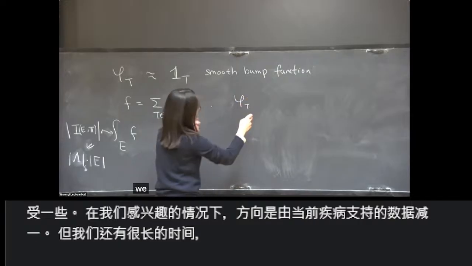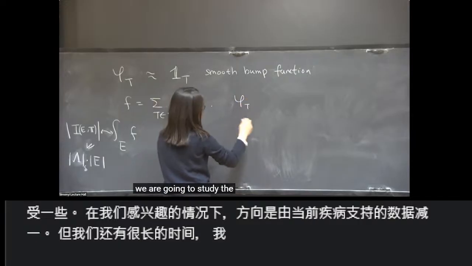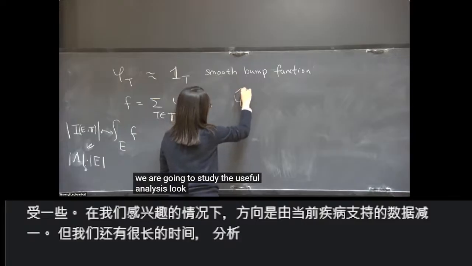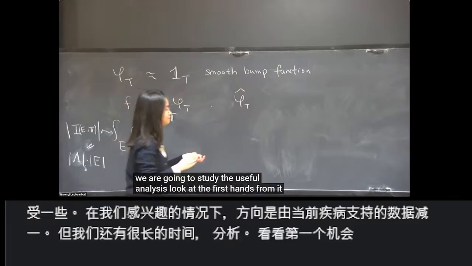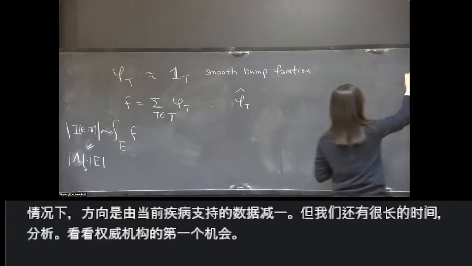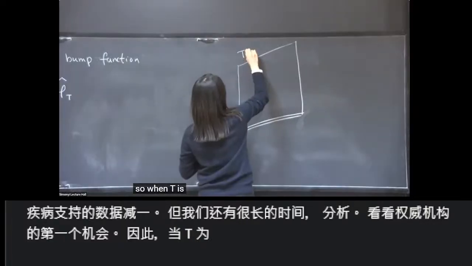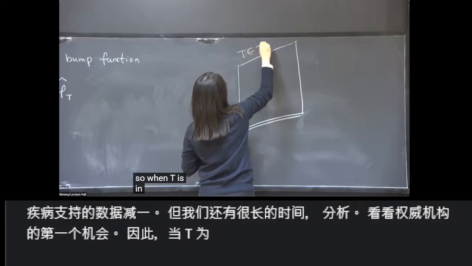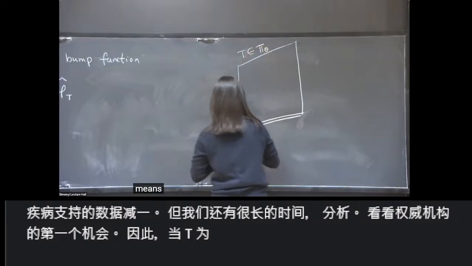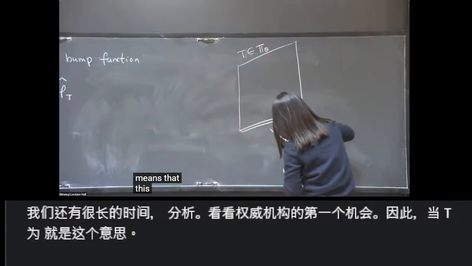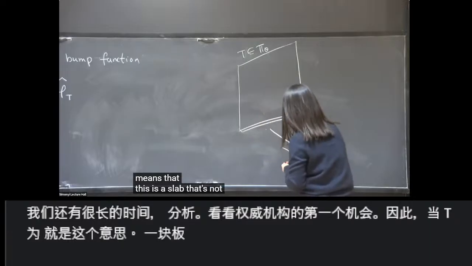So I said that we are going to study this using Fourier analysis. So look at the Fourier transform of phi t. When t is in the fraction t theta, this means that this is a slab that's normal to direction theta.